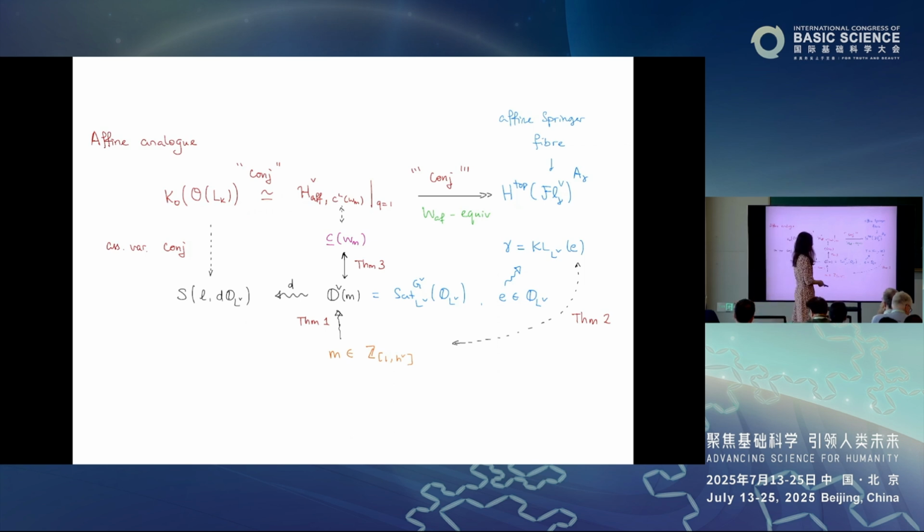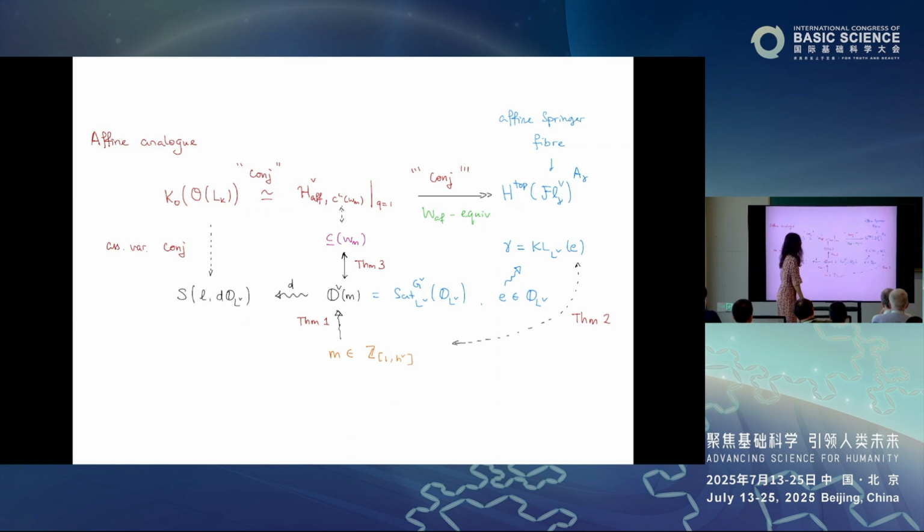And so this may not be very clear, but theorem 2 is basically to justify this choice. It comes out of the effort of trying to understand what element you should take to consider the affine Springer fiber.